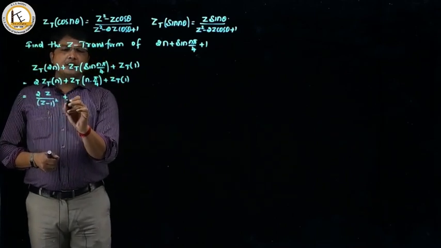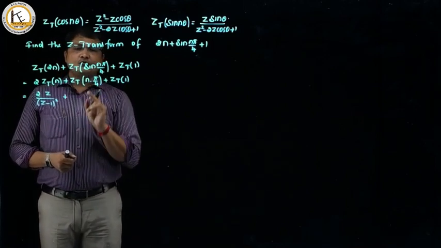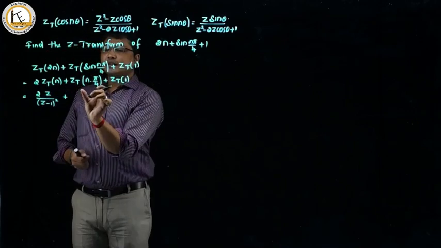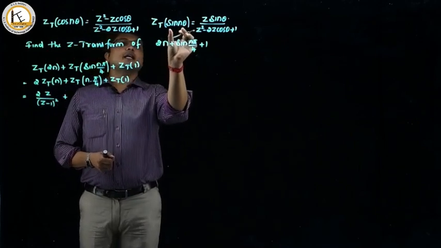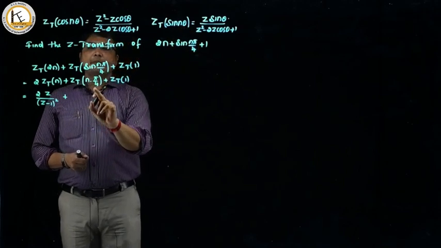Similarly, here we are having the z transform of sine n pi by 4. So we can compare this with sine n theta. Here in place of theta we are having pi by 4.